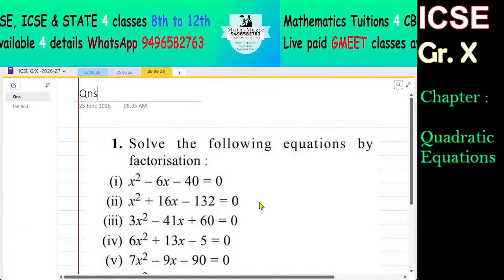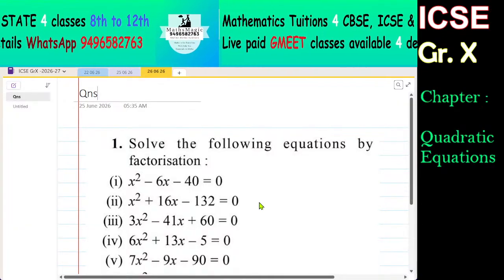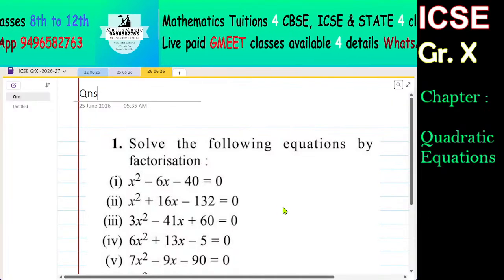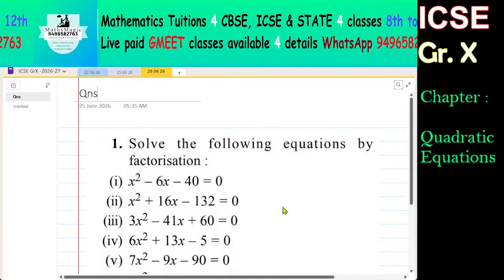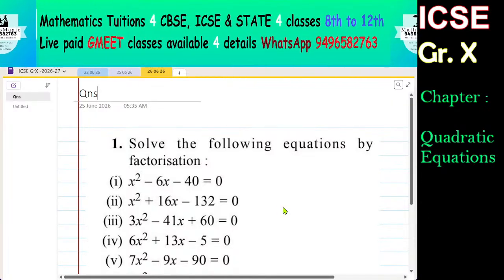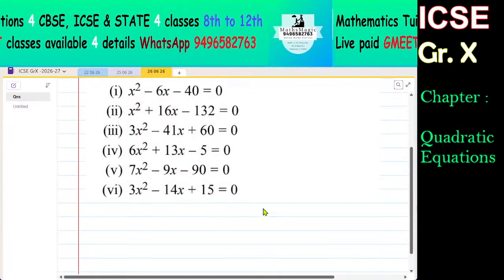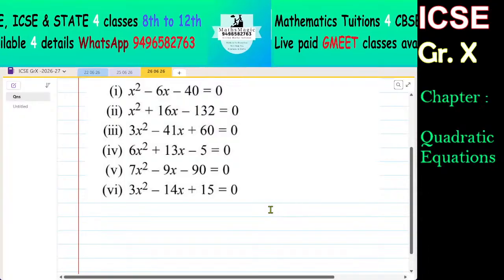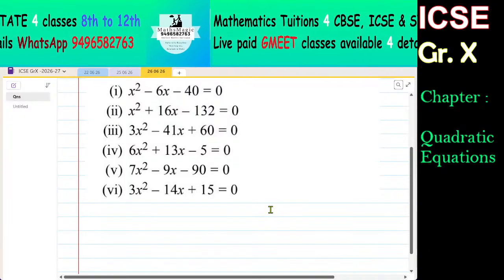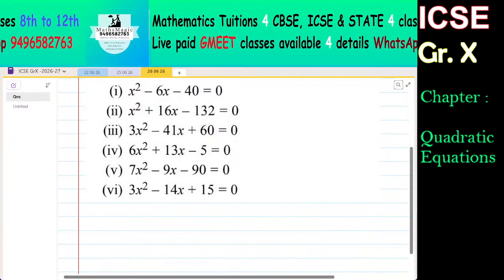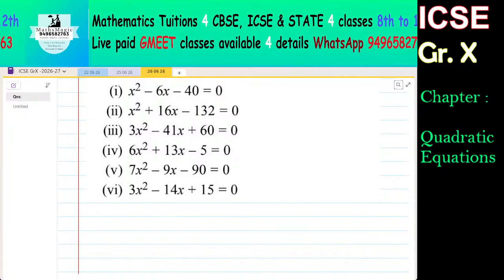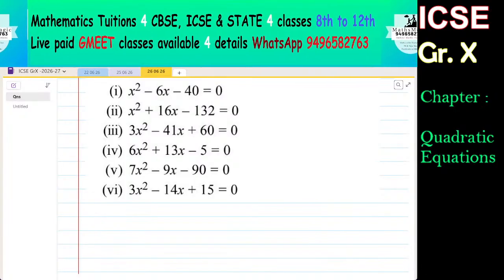We learned how to factorize quadratic equations with coefficient of x squared unity and also those quadratic equations with coefficient of x squared other than unity. So we will start from yesterday's class.